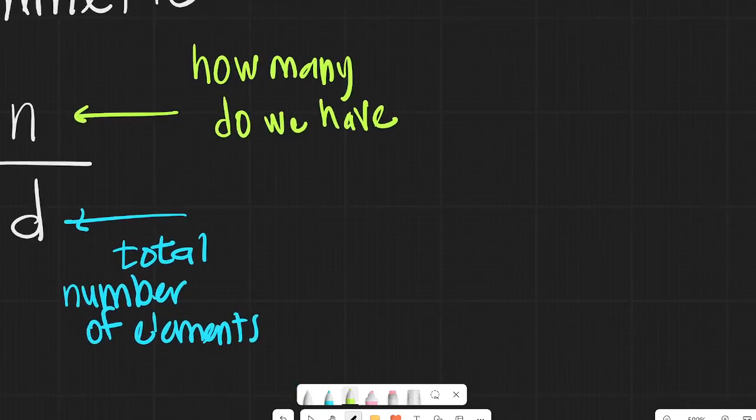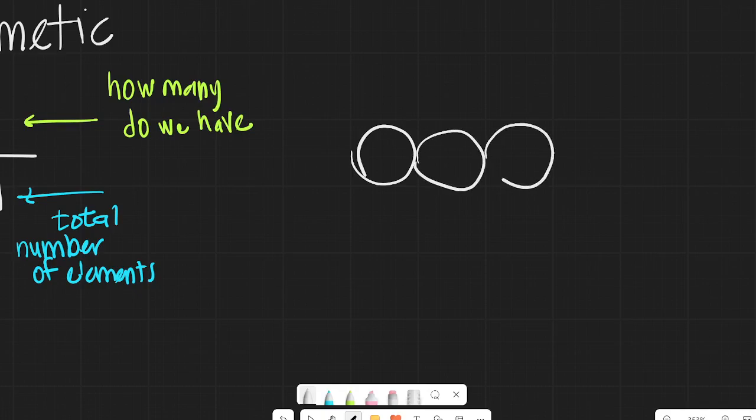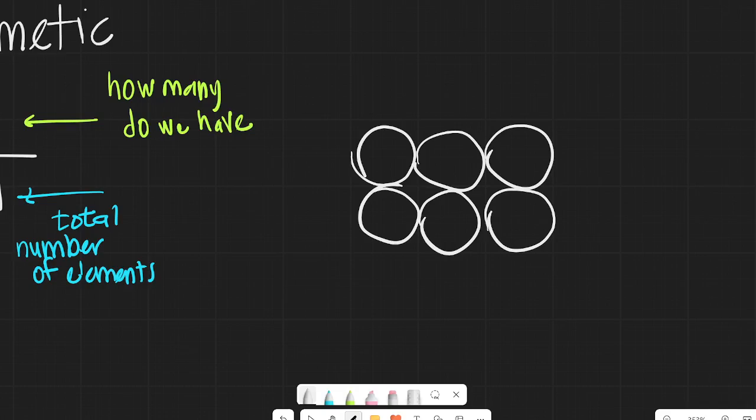So for example, if we have a carton of 6 sodas, and I'm just going to draw a top view. If I'm looking down, you know how sodas come in those plastic things that are tied together and arranged such that if you look at it from the top, the 6 soda cans look like this.